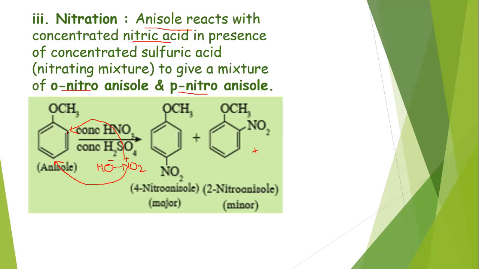From this position, one hydrogen is removed and goes along with OH to form one water molecule, and from this one hydrogen eliminates and goes with OH, forming 2H2O as byproduct. So 4-nitroanisole and 2-nitroanisole, major and minor products.